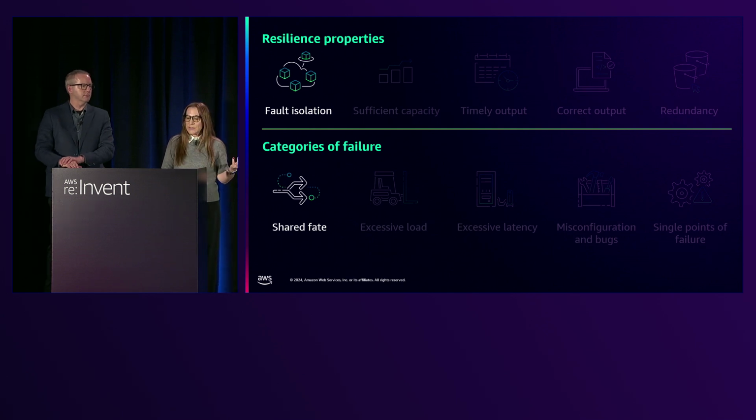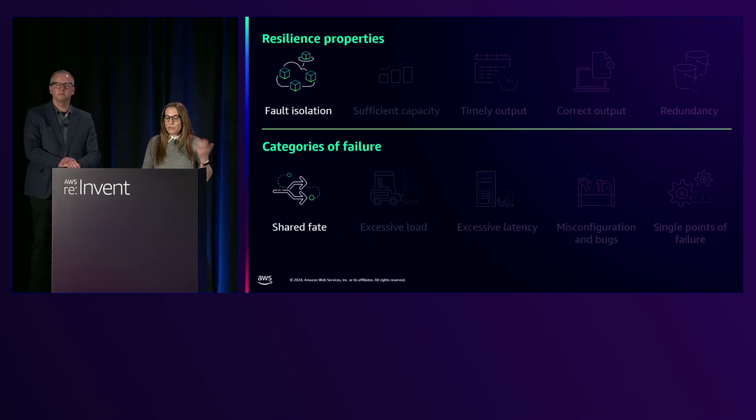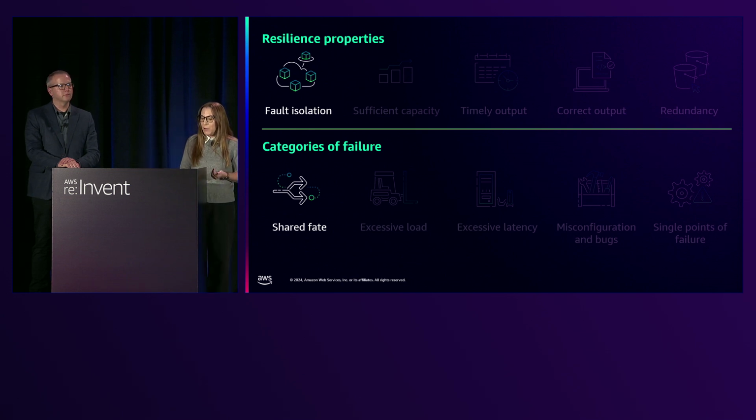So let's start with fault isolation, which is a critical strategy for containing failures within system components, particularly in complex Gen AI architectures. This can be effectively implemented through various architectural and infrastructure level approaches. But first, let's take a look at some of the components that are commonly shared in a Gen AI workload.